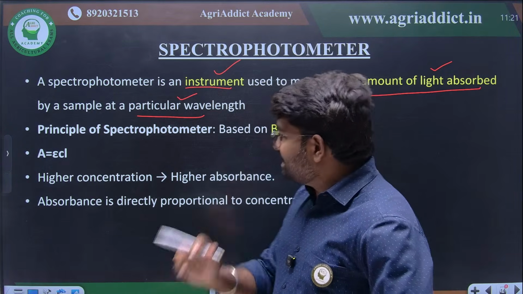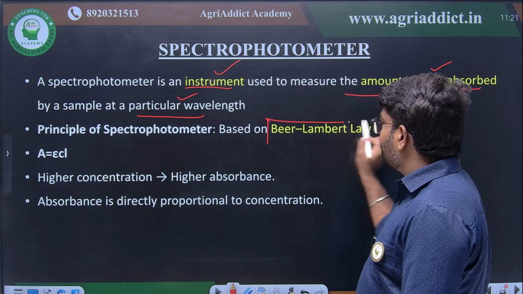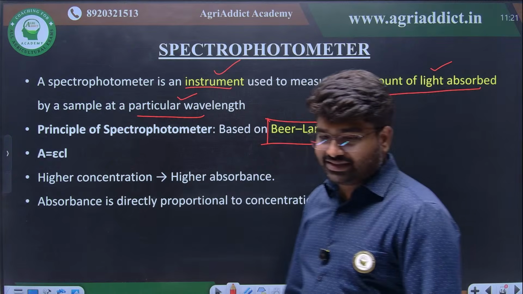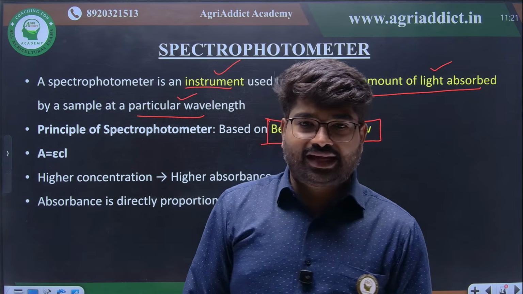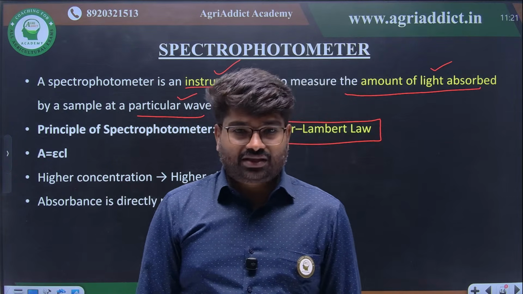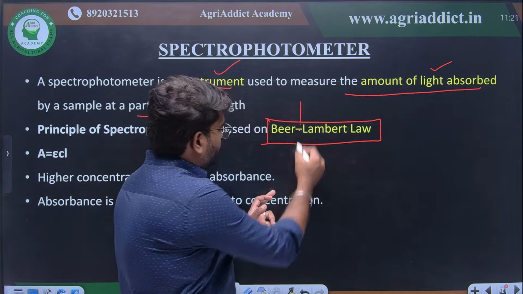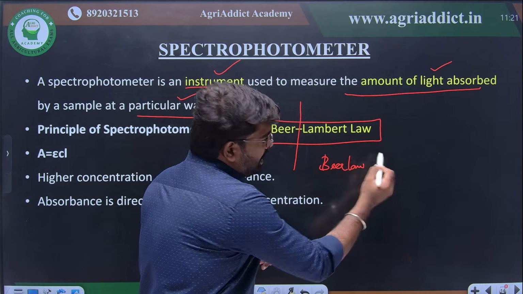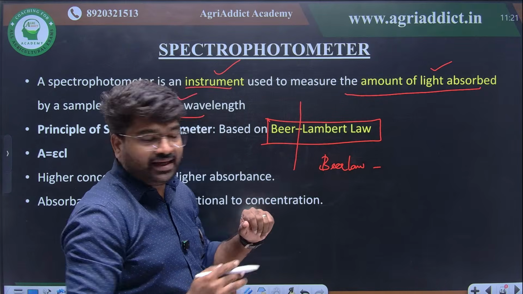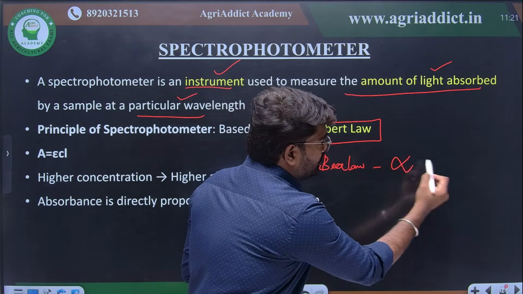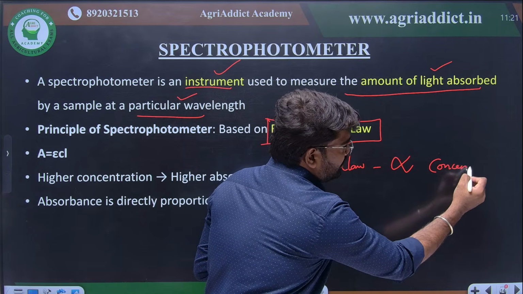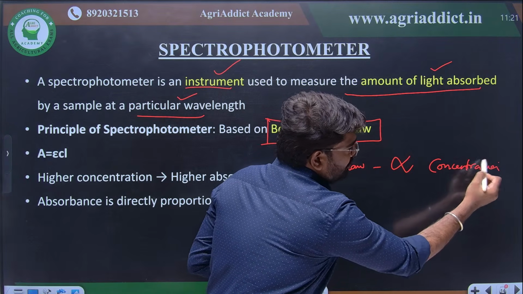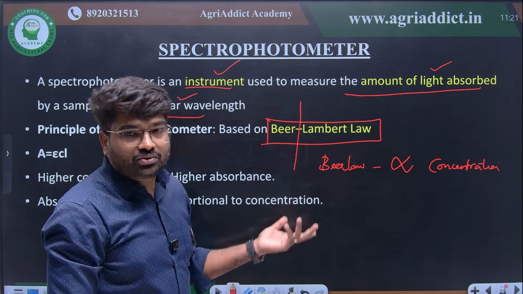The basic principle of spectrophotometer is what? Beer-Lambert's law. This is another important objective question. We can divide it into two parts. Beer's law means absorption of the light is directly proportional to the concentration of the analyte. Clear? Absorption is directly proportional to concentration.